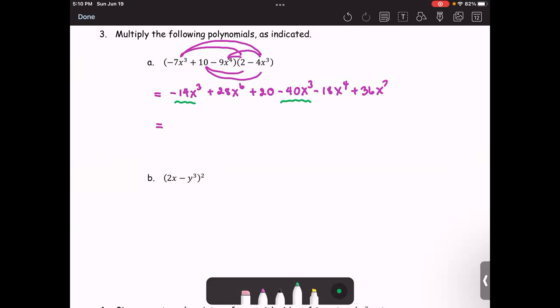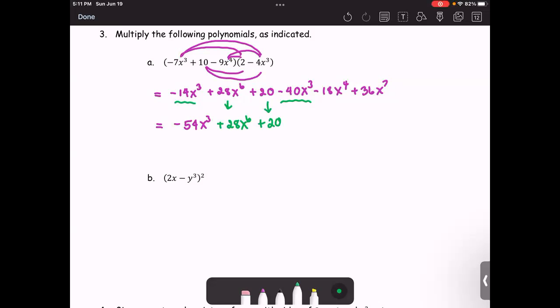So these two combine to be negative 54 x to the third. And then for the power 6 term, we have only one term that contains the variable factor x to the 6, so just carry it over, 28x to the 6. And now the number term is the same, plus 20.